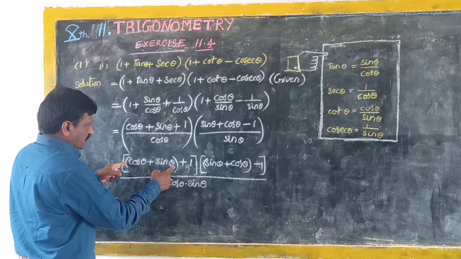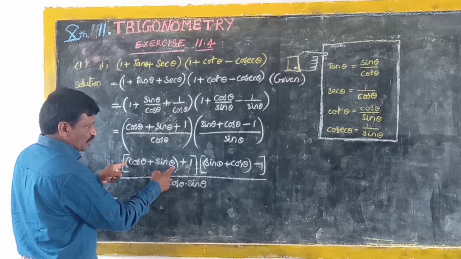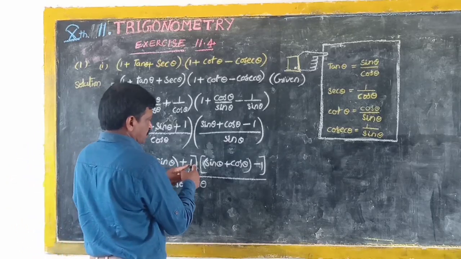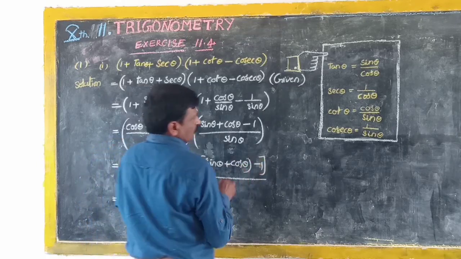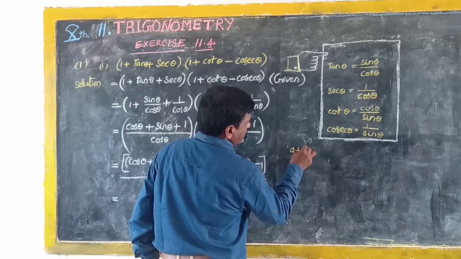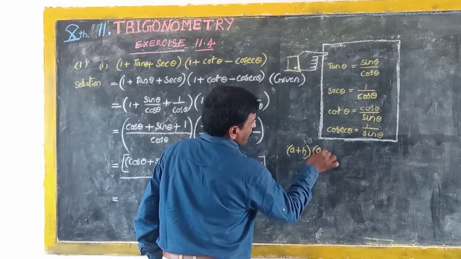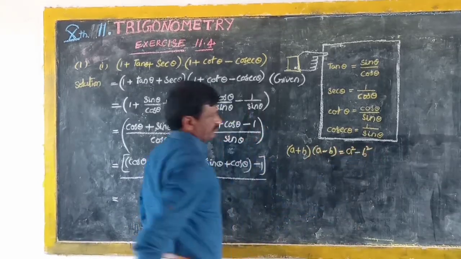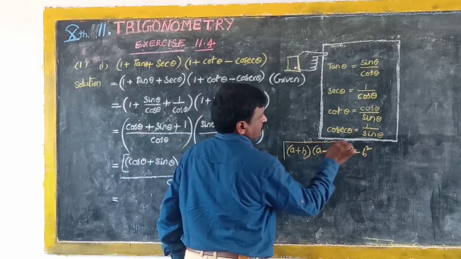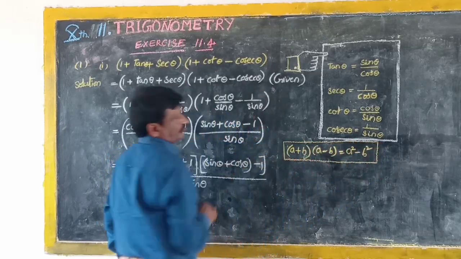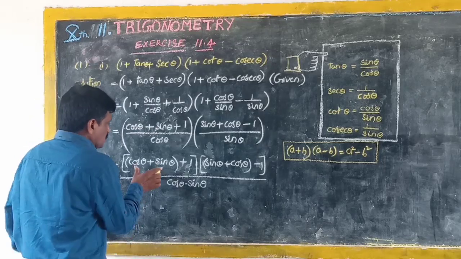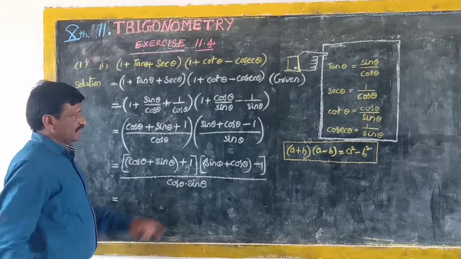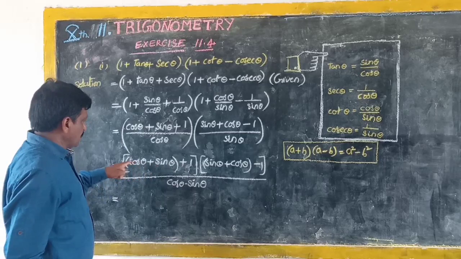So let cos theta plus sin theta be A, and 1 be B. So A plus B into A minus B is equal to A square minus B square. A means cos theta plus sin theta, B means 1.